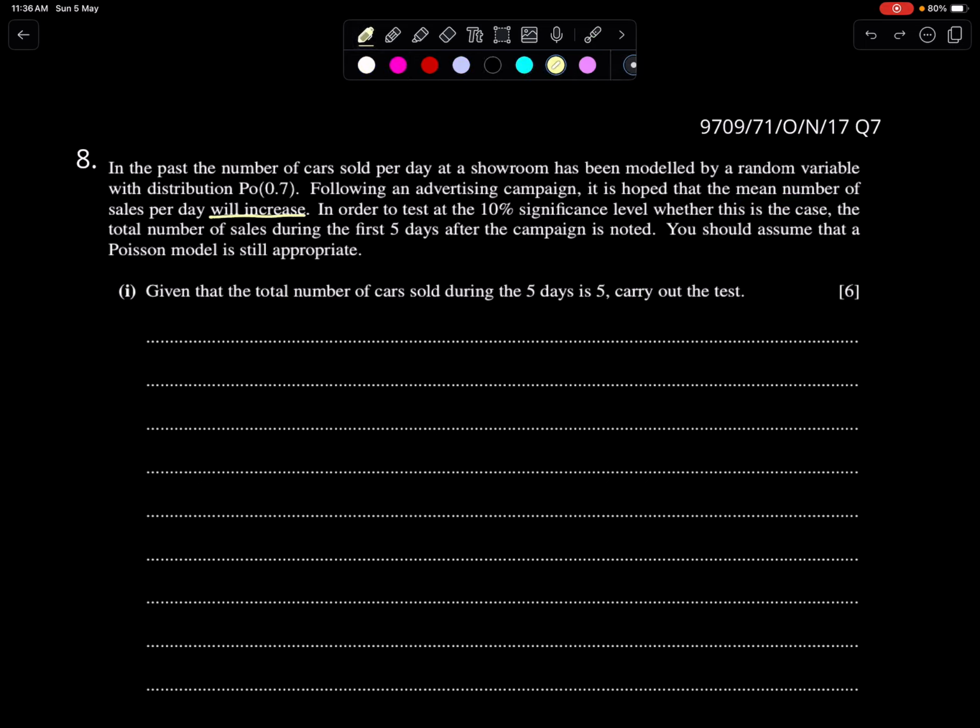In order to test at 10% whether this is the case, the total number of sales during the first 5 days is noted. This 0.7 is for 1 day, and for 5 days you should assume that the Poisson model is still appropriate. So this is Poisson distribution with lambda 0.7 per day, and for 5 days it should be 3.5, I guess.